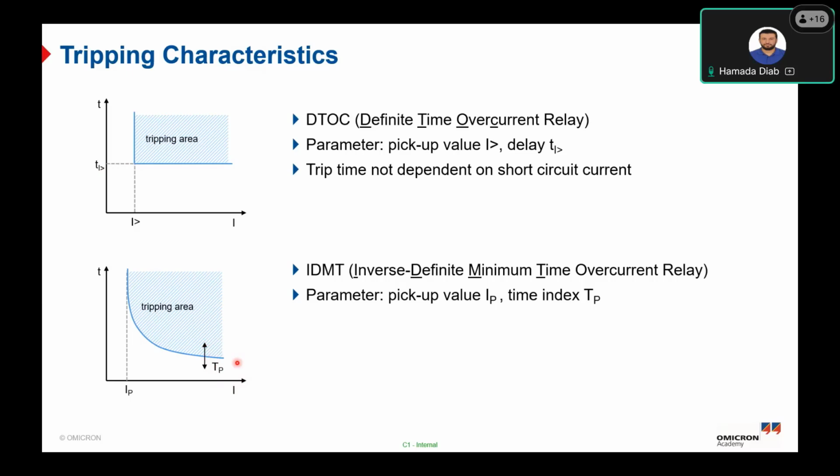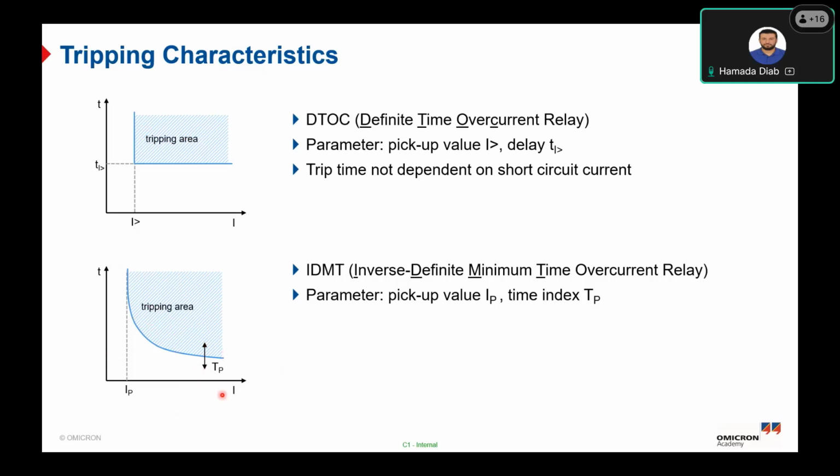So here is how to define the characteristic of the inverse curve, by the IP and the TB. But what is the main difference between both of them? The main difference is that the inverse curve depends on the value of the current. Once you exceed the preset value, which is the setting value IP, it will define the tripping time based on the curve selected.